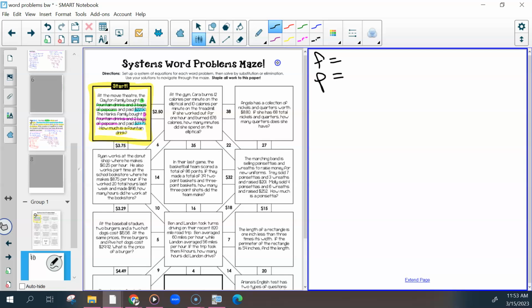What don't we know? Cost of a fountain drink, and cost of popcorn.